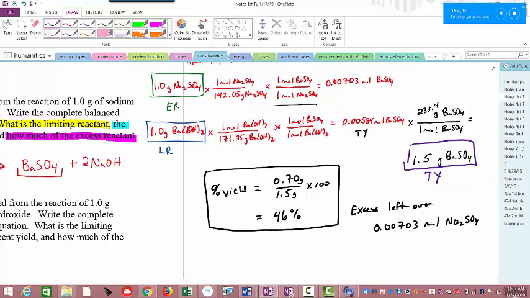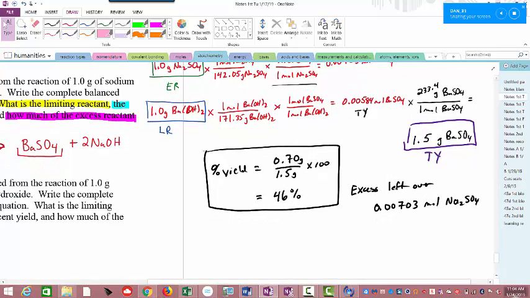So we need to figure out how much we used. Well, if our 0.00584 moles of barium hydroxide is our limiting reactant, we know that it's the same moles of barium sulfate and barium hydroxide because of the 1-to-1 mole ratio.